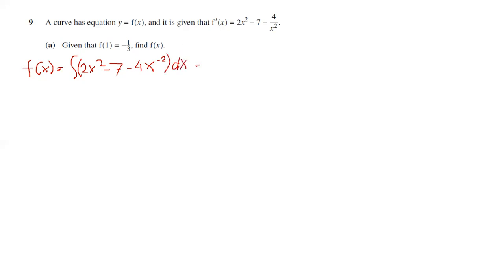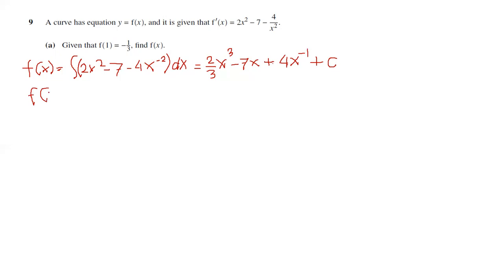And it becomes 2x cubed over 3, minus 7x, and for negative 2, plus 4x to the power negative 1, plus c.